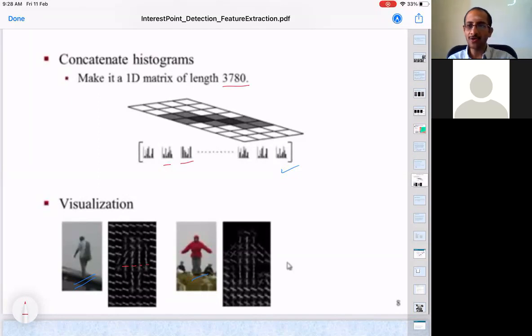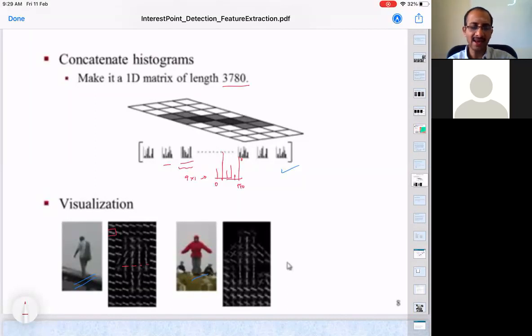If we want to visualize what HoG is capturing, what people do is, in this 9 cross 1 vector in a given 8 cross 8 cell, they see what is the highest value in the histogram. If the highest value is for 180 degrees, then the dominant direction in that cell is 180 degrees.